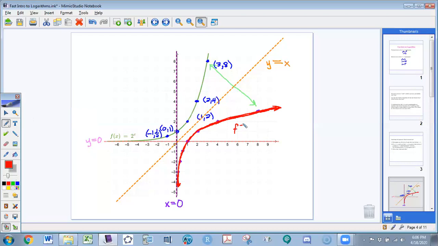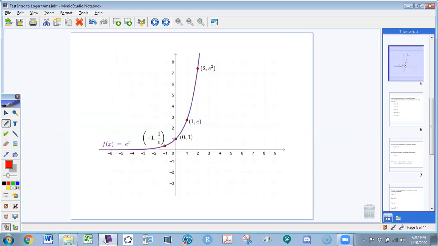So remember, we denote that with f inverse, and f inverse of x is going to be named log base 2 of x. So just by definition, we take the inverse of 2 to the x, and that creates a function we call log base 2 of x. We can do this with any base that we want.